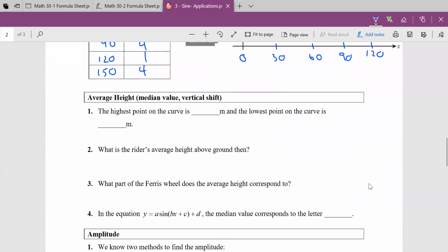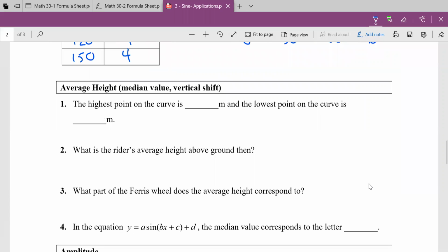So the first thing we want to figure out here is the average height, the median value or the vertical shift. Okay, let's work through some questions here. The highest point on the curve, well, we saw that was 7 meters. And the lowest point on the curve was 1 meter. Question 2 says, what is the rider's average height above ground then?